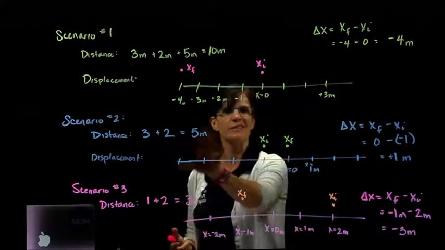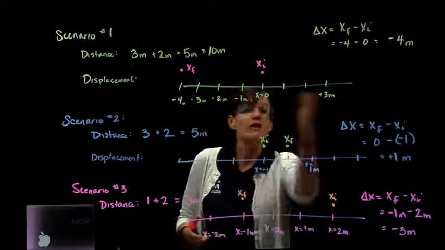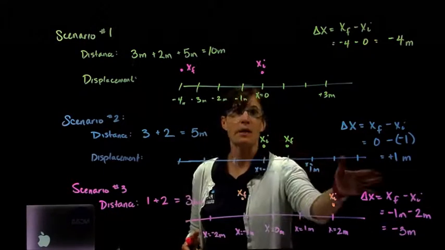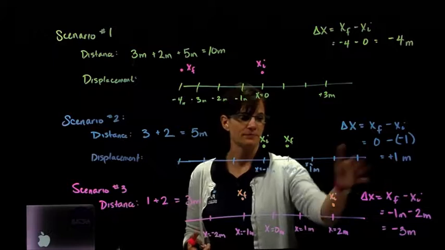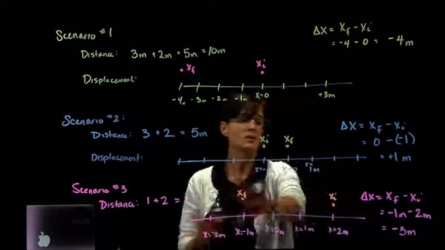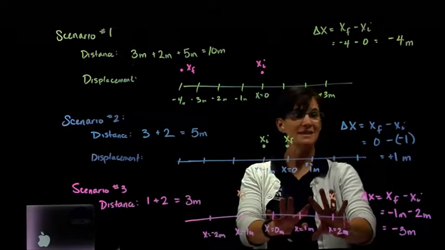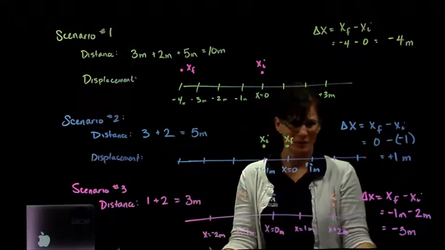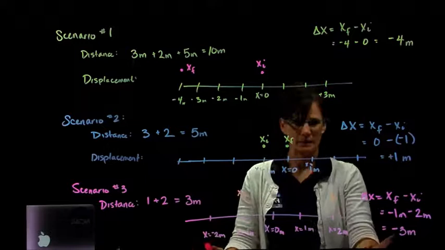I can be over here in this negative world, moving and ending up right of where I started, and I'll have a positive displacement. I can mostly be in the positive world in this example, ending up left of where I started, regardless of where that is, and have a negative displacement.